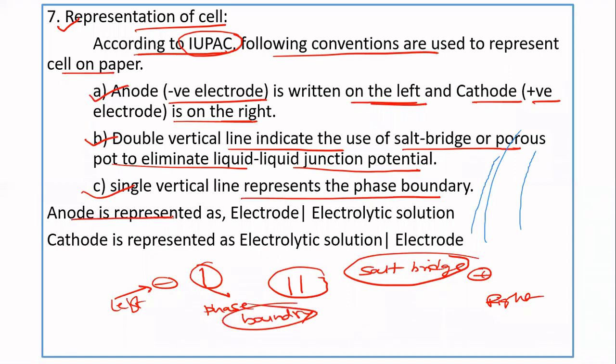So anode is represented as electrode and electrolytic solution. This represents phase boundary, that is anode, it is negative, that's why it is on the left hand side. And cathode is represented as electrolytic solution and electrode. As this is cathode, it is written on the right hand side.